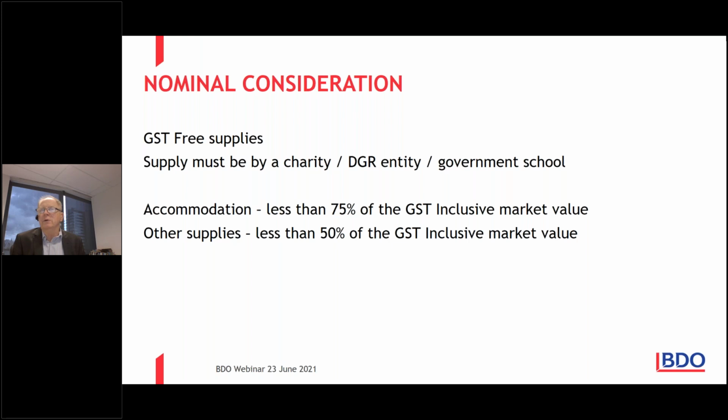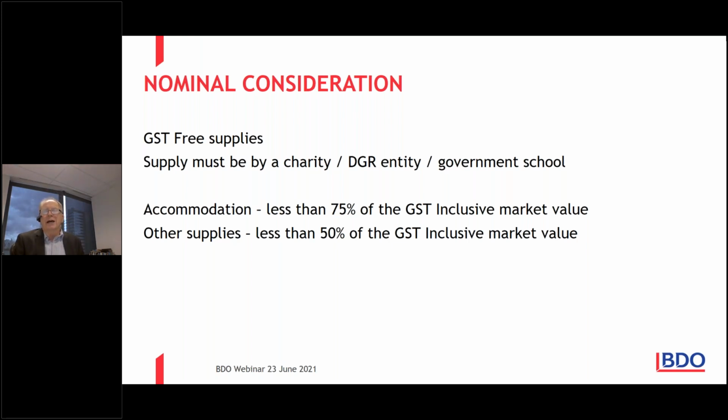So 75 doesn't qualify, it has to be less than 75 that's being charged, and you need to ensure that your market value rent is being checked and determined at all times. Some of the government schemes allowed for subsidy supports around the 80%, of course, then that doesn't qualify under this category.